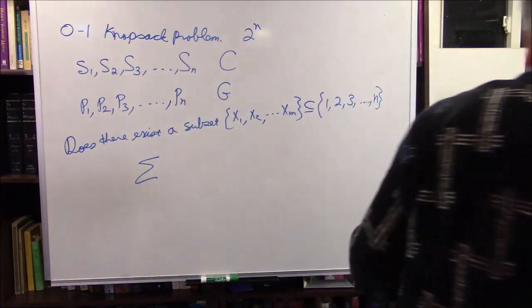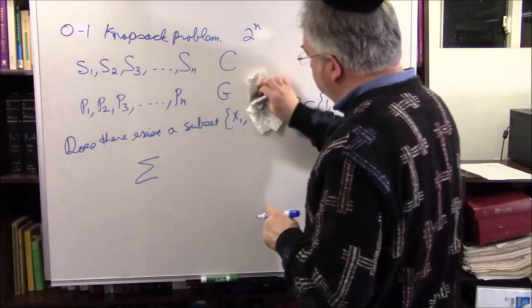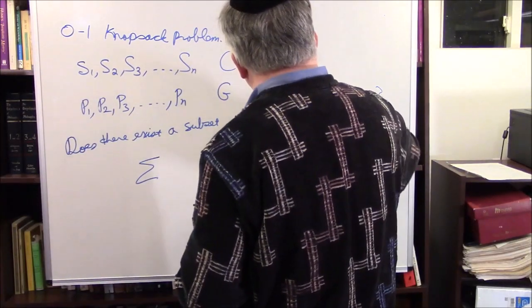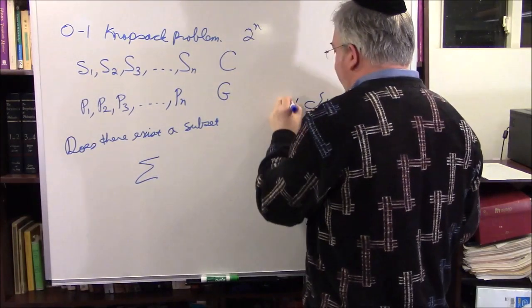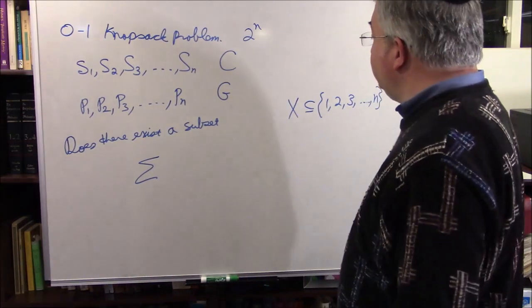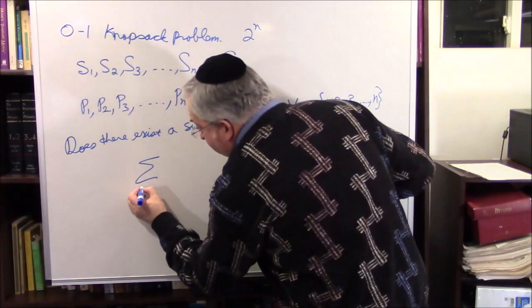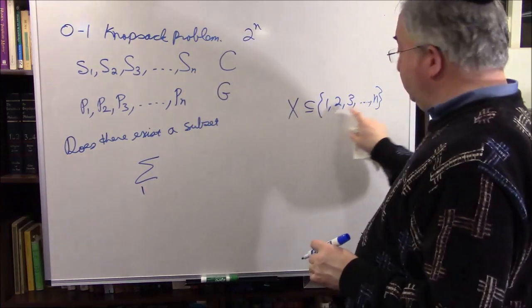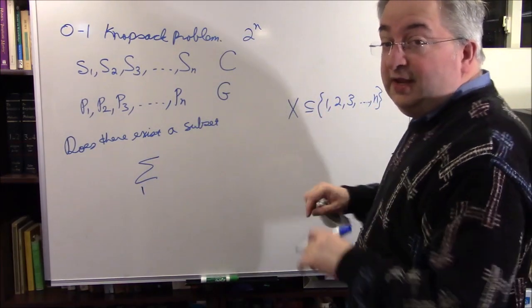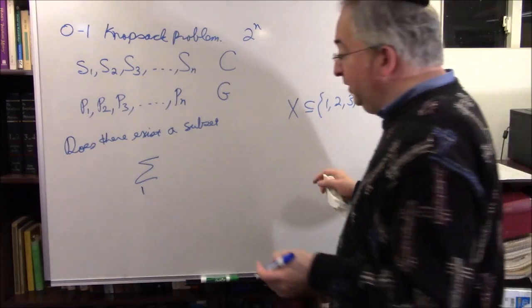Not happy with that. Sorry. Does there exist a subset X of numbers? Is there a subset of numbers such that, so what is X equal to? It's equal to a bunch of numbers from 1 to n. Not all of them, maybe all of them, but not really all of them.